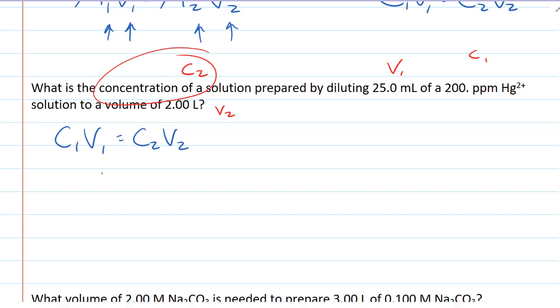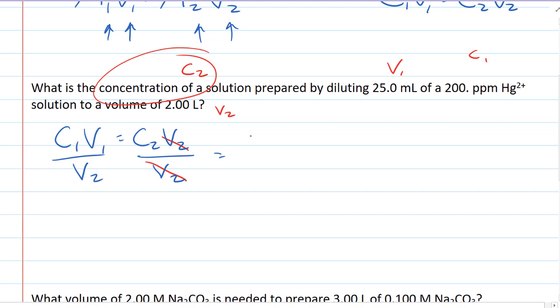So at this point we can rearrange this equation, solve for C2. To get C2 by itself, we divide each side by V2. V2 cancels, so it tells us that C2 will be equal to C1 times V1 all over V2.